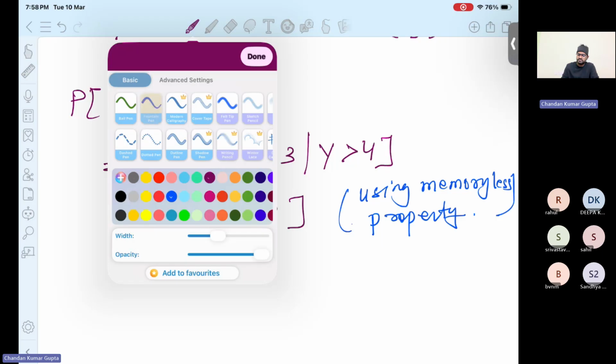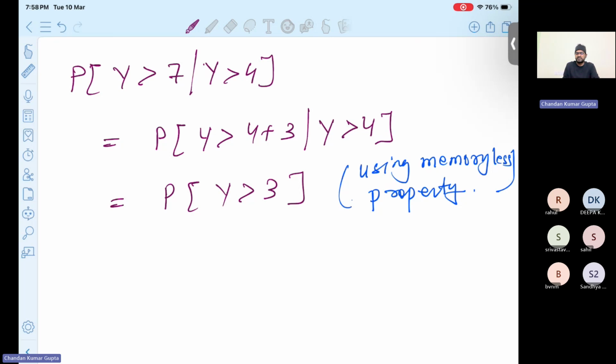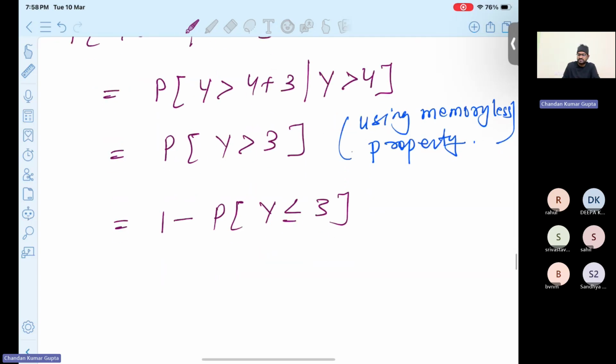Now the next step is to find this value. This is 1 minus the CDF. You will find 1 minus the probability that y is less than or equal to 3. And for the exponential distribution, it is 1 minus e to the power minus lambda x.